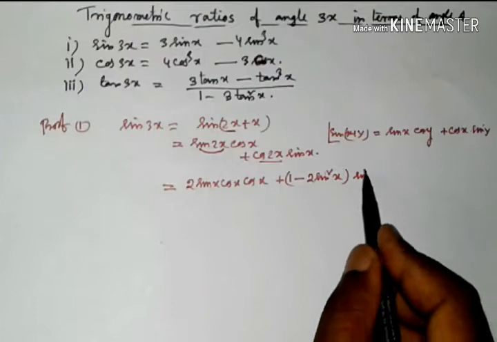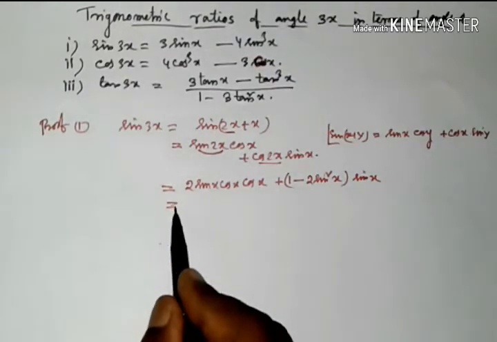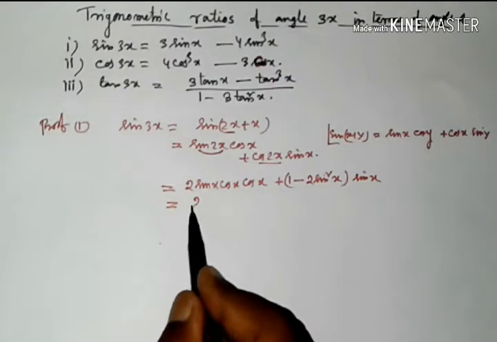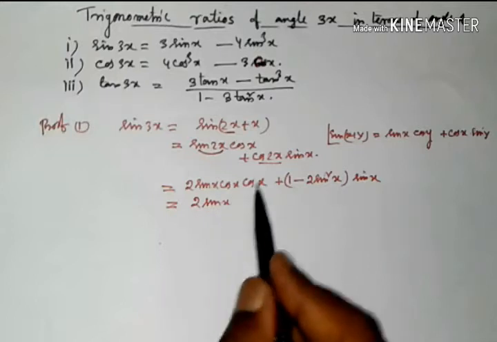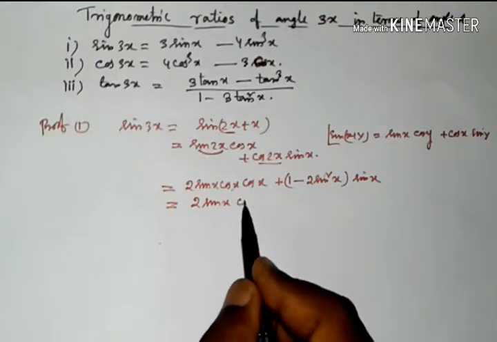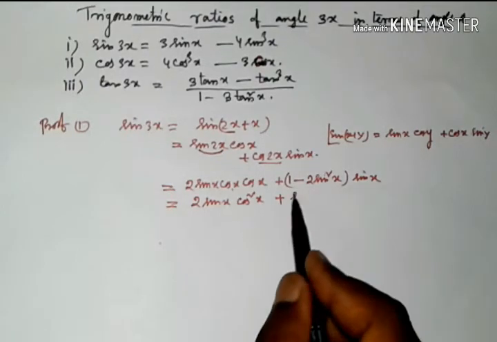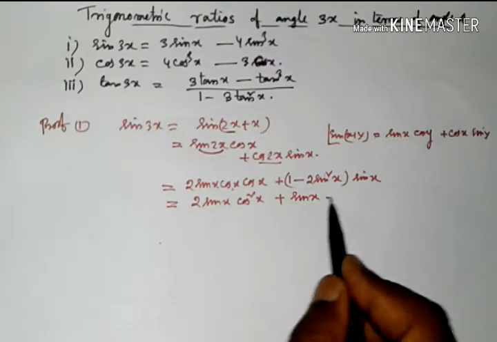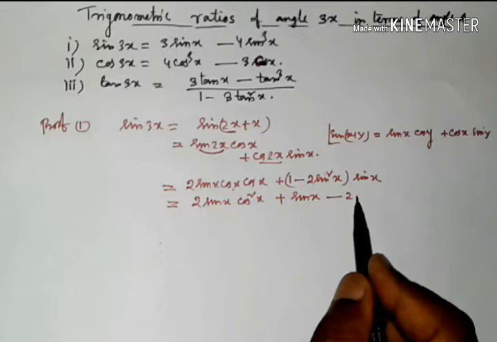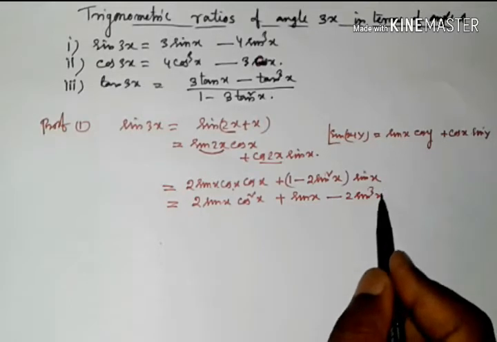Now we simplify: 2 sin x cos square x plus sin x minus 2 sin cube x.